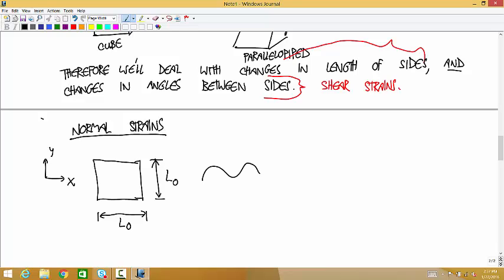And then after the deformation, you have a new shape with a y side length of lowercase ly and an x side length of lowercase lx.